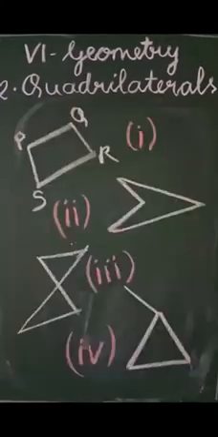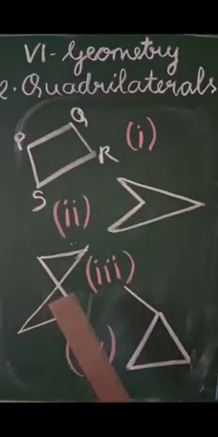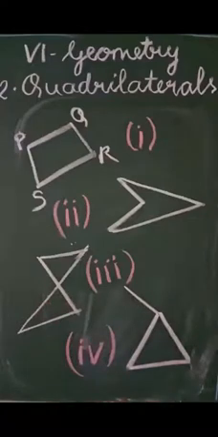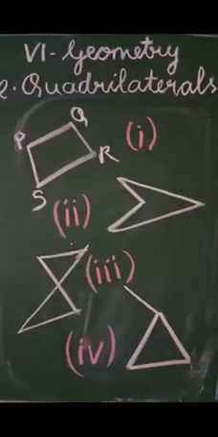Yes. So students, can you tell which of the following figures is a quadrilateral? Figure 1, figure 2, figure 3 or figure 4? Yes, correct. Figure 1 is a quadrilateral because it has 4 sides and it is a closed figure.